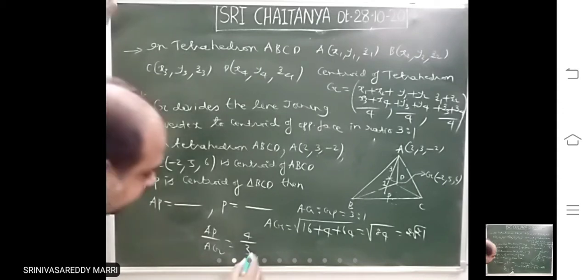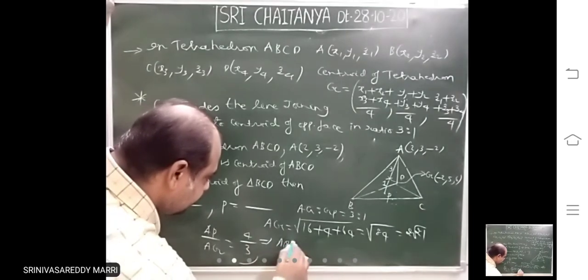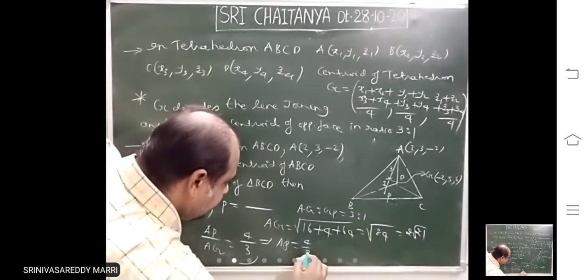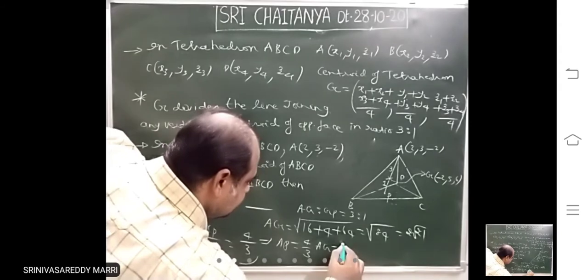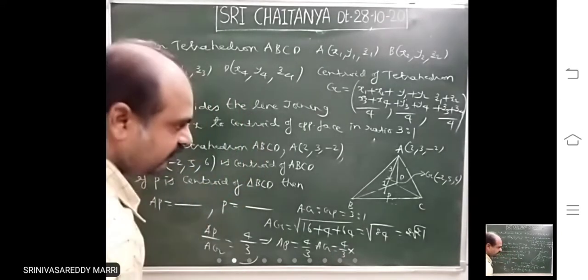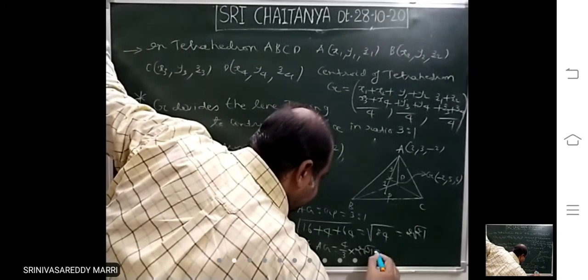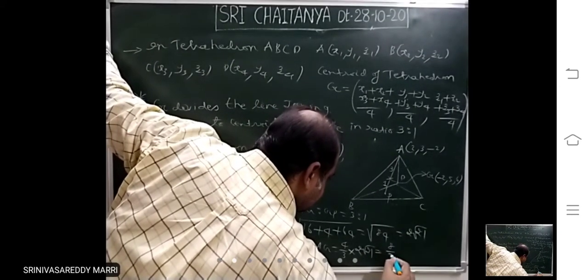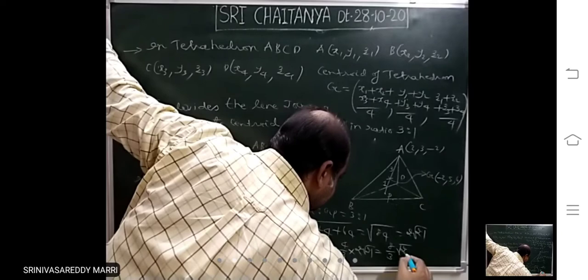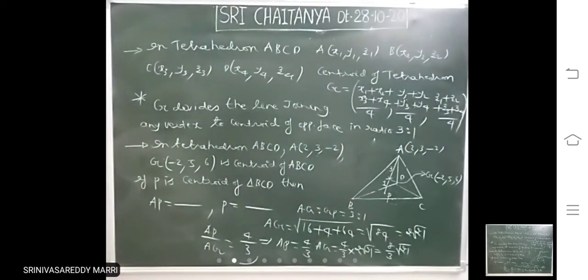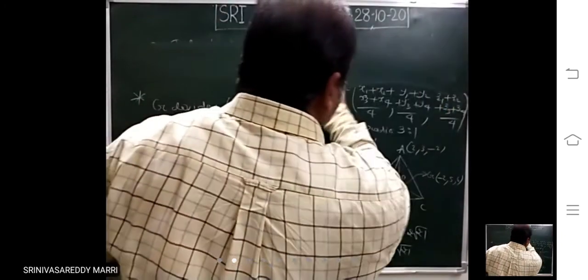That means AP is nothing but 4 by 3 AG. 4 by 3 into 2 root 21. So what is the answer? 8 by 3 into root of 21. That is the answer. That is AP distance. Now I want to find P also.